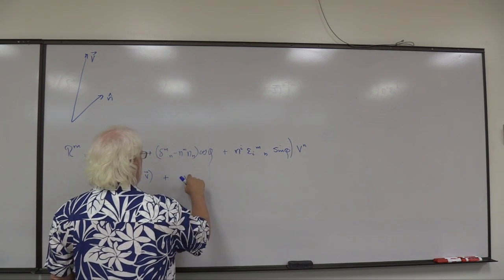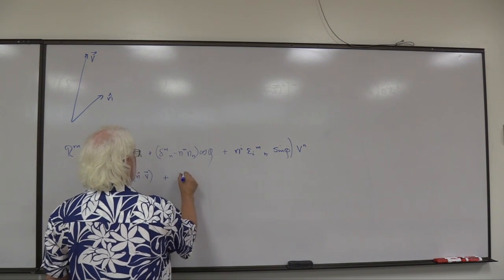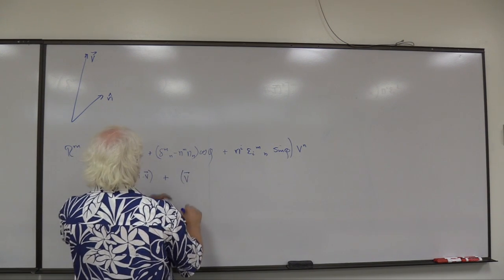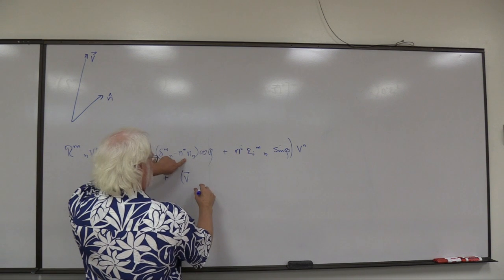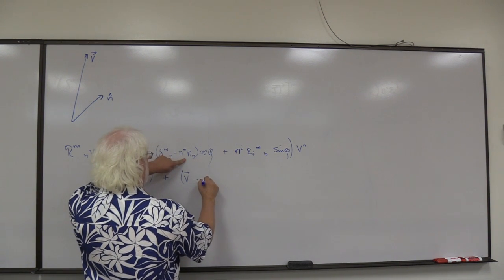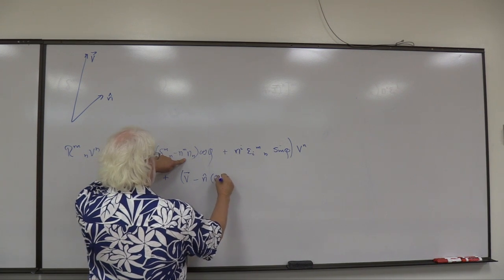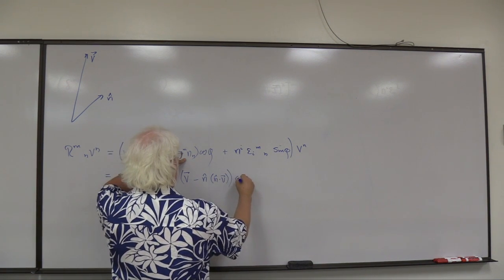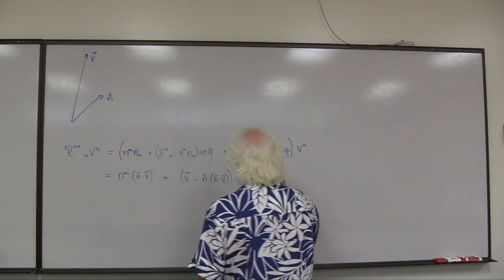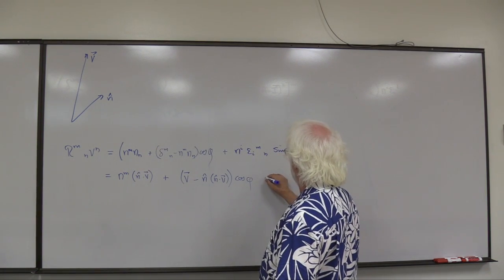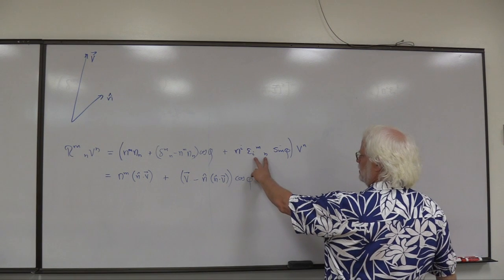Then here we have vm. Let's see, I'm going to write this as a vector. This just gives v, and this gives minus n hat n dot v. And then this one, let's watch our signs here.